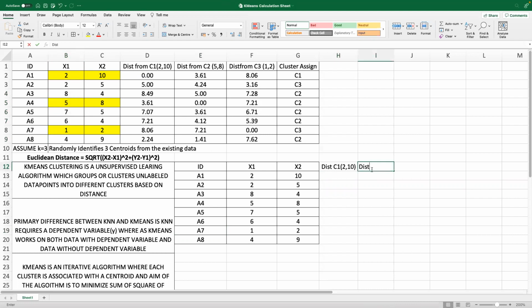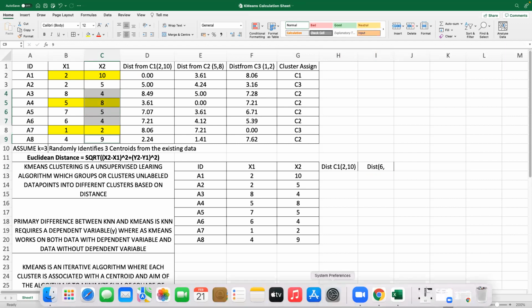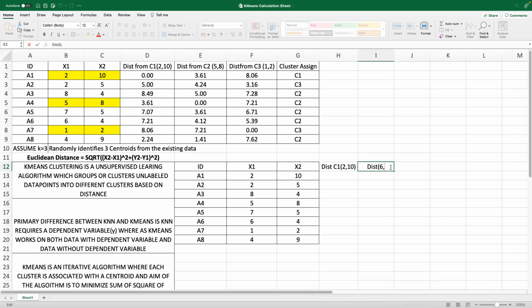The new centroid for C2 is 6, comma. You have to calculate the other one also. So these are all C2s. Again, the average is 6. So the centroid changed for C2. The C2 centroid has changed.